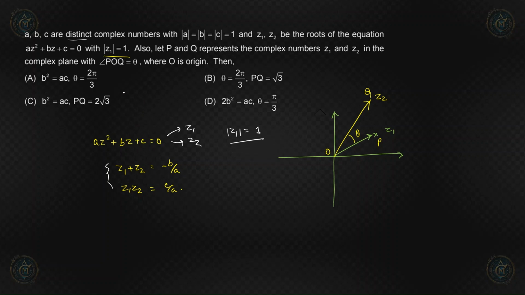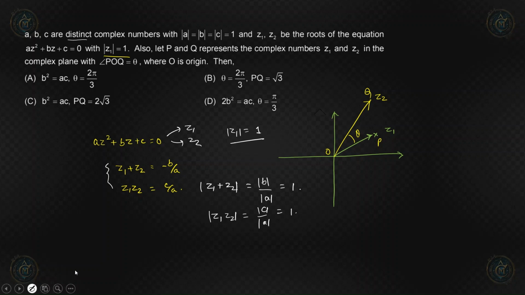The information of modulus is given to us in the question. So mod of z1 plus z2, let's find out. This will be simply mod of b divided by mod of a, which means it is equal to 1. And then we have mod of z1 z2. This will be mod of c divided by mod of a. So this will also be equal to 1.